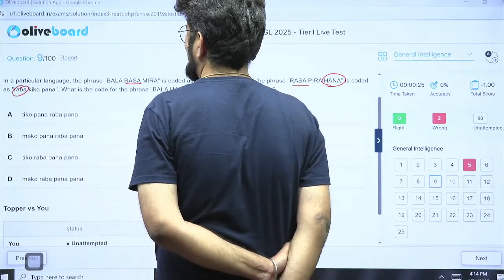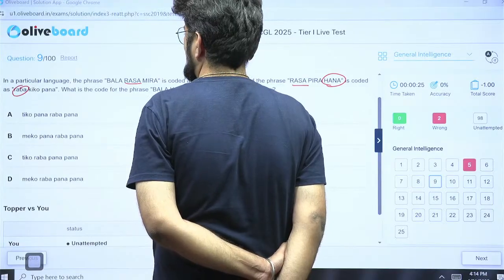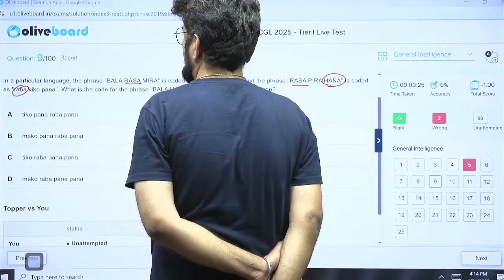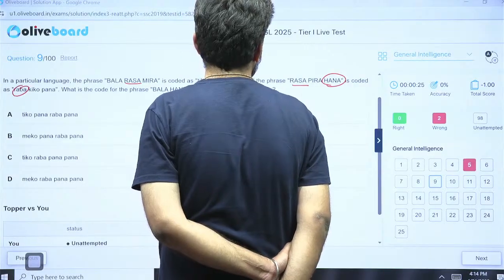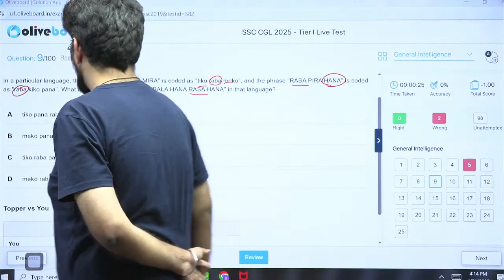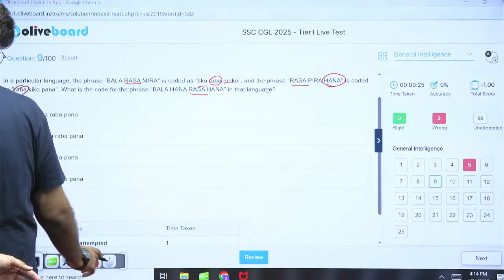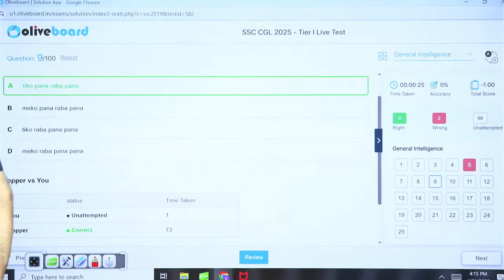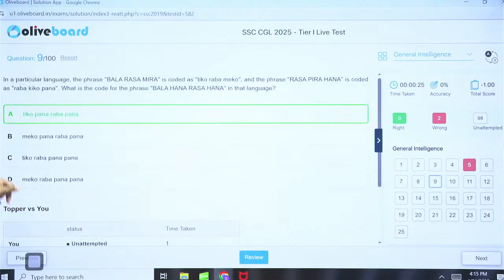Pira is Pana, Hana, Rasa is Raba. Tico, Pana, Raba. Yeah, position wise it's following, but still, I mean, this does not seem to be a very valid way of asking the question.